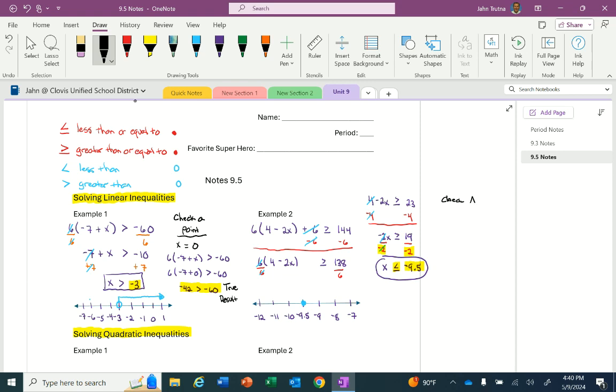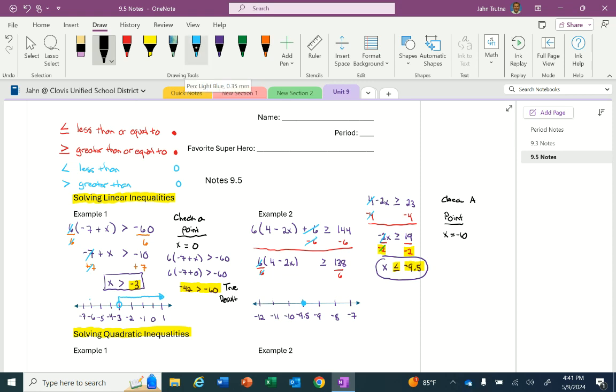Which point you decide to check is entirely up to you. I'm going to check when x is equal to, let's do negative 10, a point to the left of my dot this time. What does that mean?